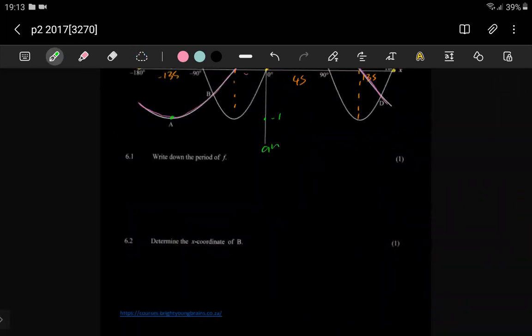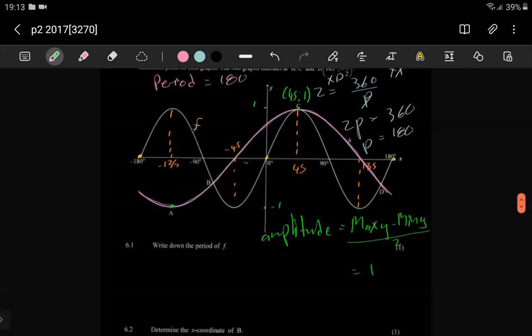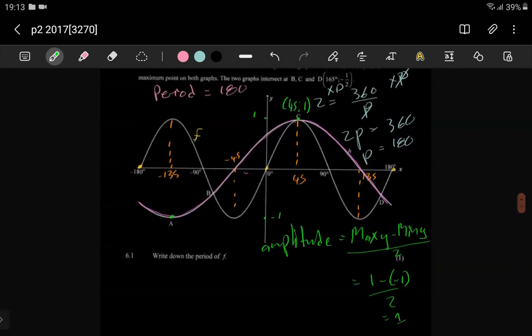So amplitude is equal to the maximum y value minus the minimum y value, the whole thing over 2. So here you would have 1 minus -1 over 2. This is 2 over 2, which is 1. So you'll know the amplitude is 1.